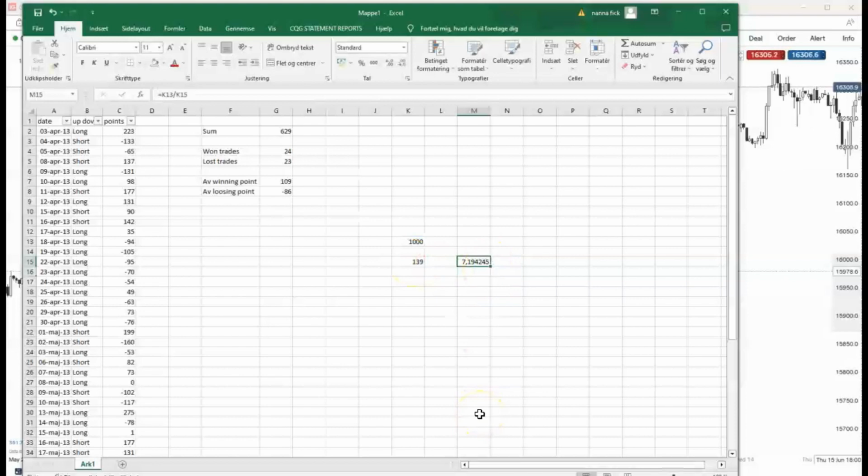I do this calculation every time. Now I have been trading for many years, so I don't have to do this calculation every time. A lot of the times I know what size I can enter the market with, but this is how much I can enter the market. If it turns out that I will be stopped out, then I will have lost $1,000.